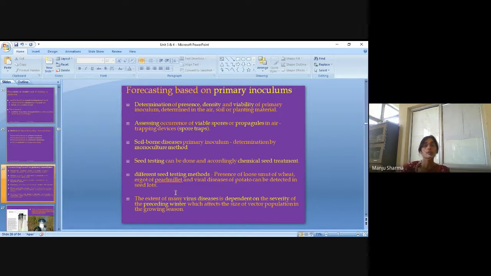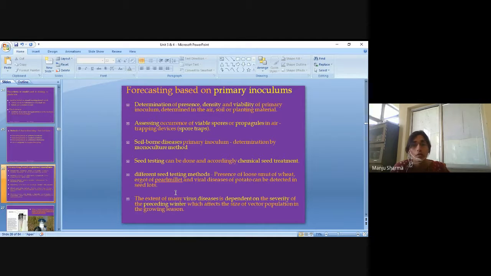Then the first point, forecasting based on primary inoculum, like determination of presence, density, and viability of primary inoculum determined in the air, soil, or planting material.